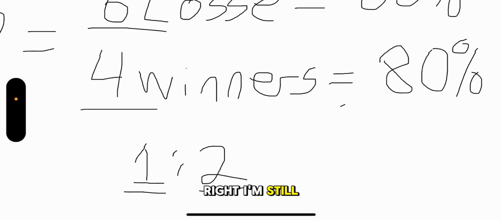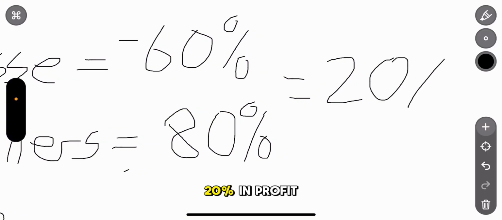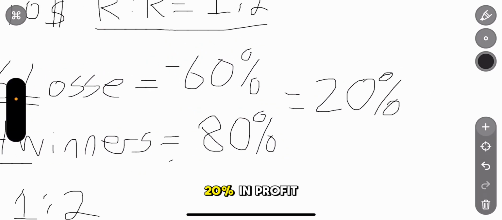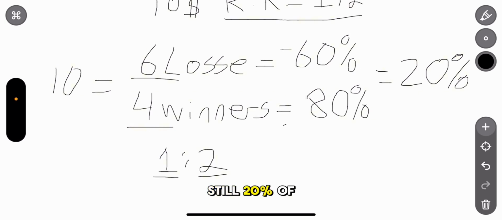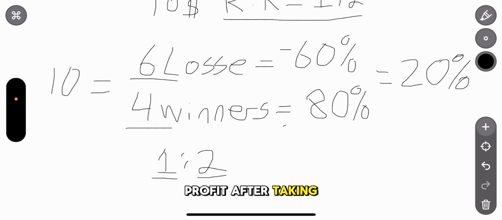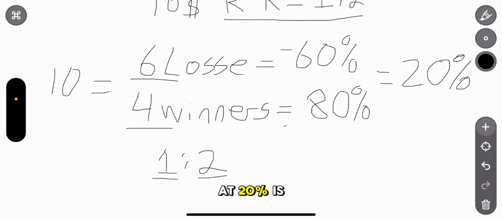Right? I am still 20% in profit. How am I still 20% in profit after taking 10 trades, taking 6 losses at 10%, and taking 4 wins at 20%?